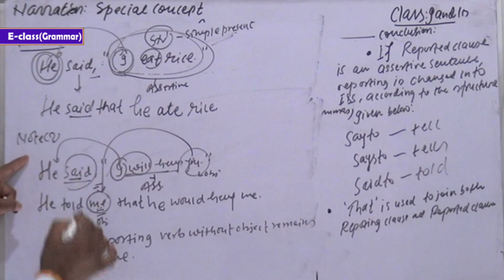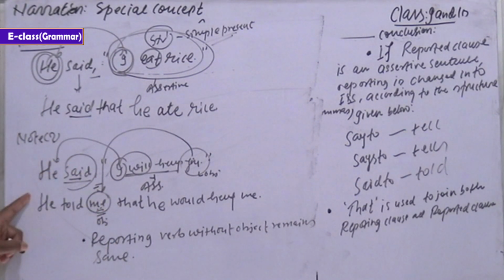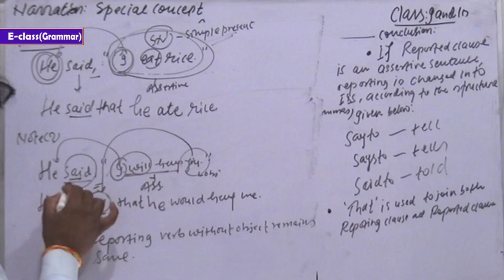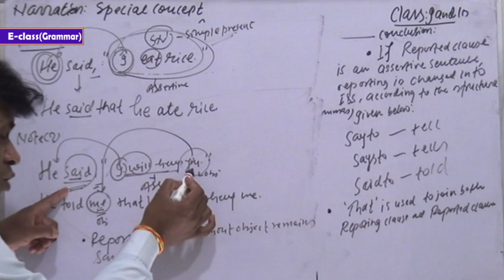Whereas in this case, this is an assertive sentence, but there is no object here, and second person is used over here.